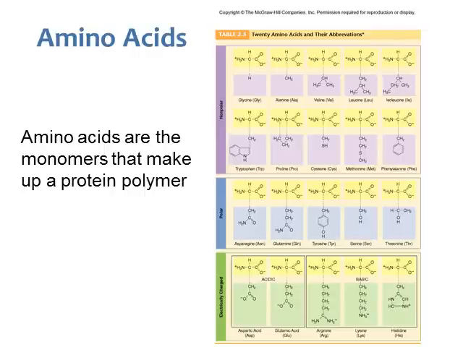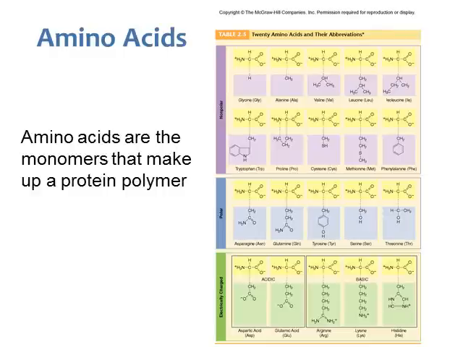Here are the 20 different amino acids, which are those monomers. These 20 different amino acids can be put together in lots of different combinations to help make proteins. You can see that some amino acids are nonpolar, which means they're hydrophobic, water-fearing. Other amino acids are polar, so they're hydrophilic, water-loving. And other amino acids can be electrically charged, so they have negative and positive charges.